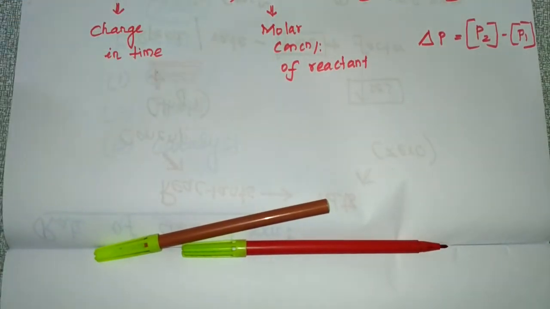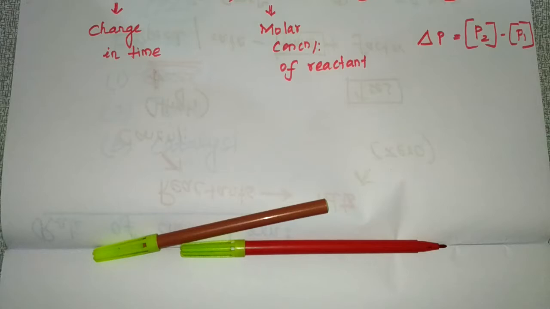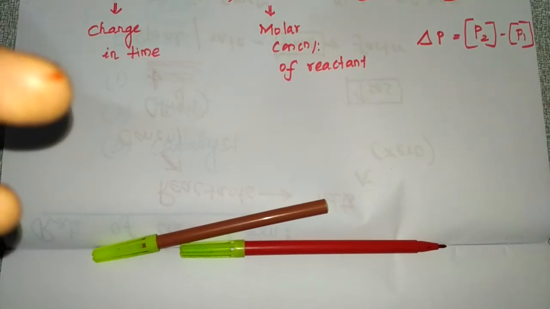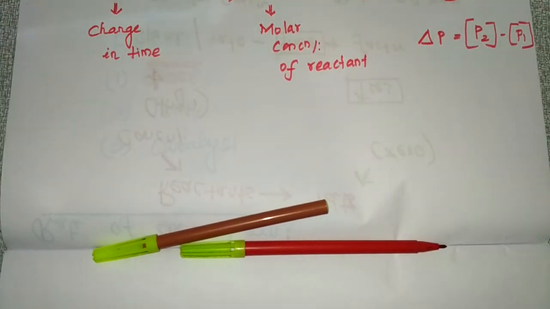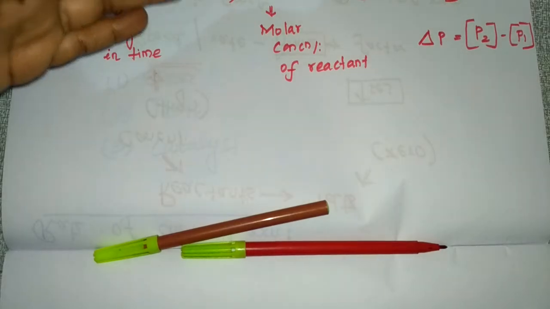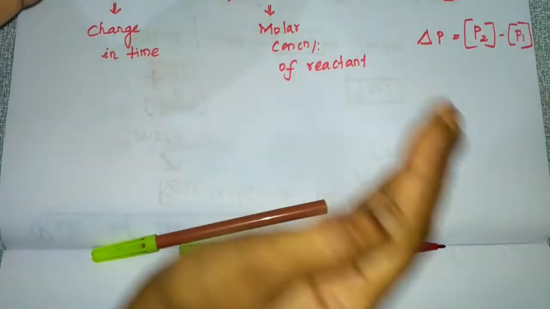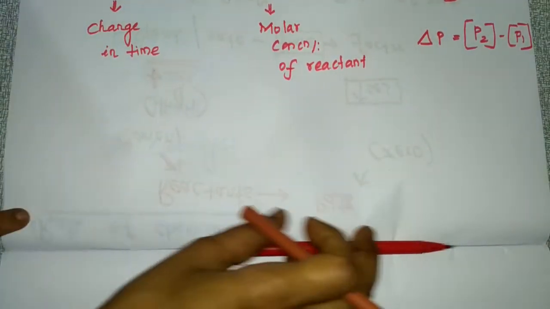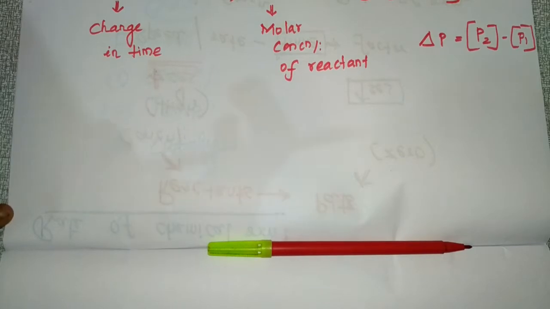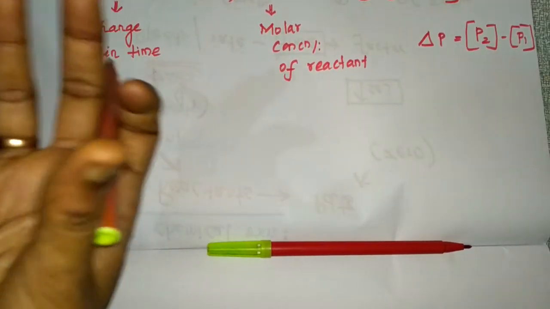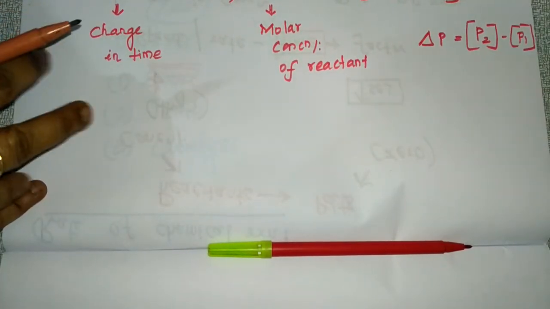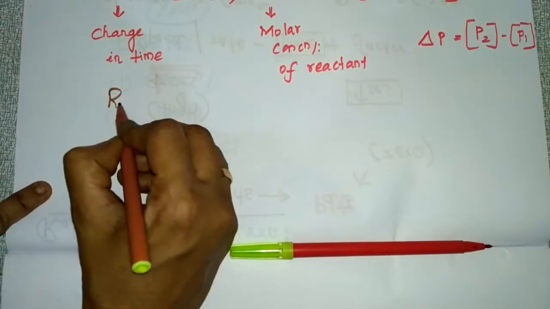As the reaction proceeds, what will happen to the initial concentration of the reactant? The reactant concentration will constantly get decreased. Understood what I'm saying? So if you are talking about the rate of the reaction in terms of reactant, what happens?